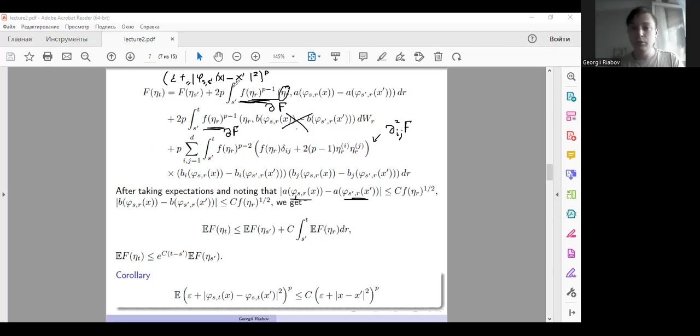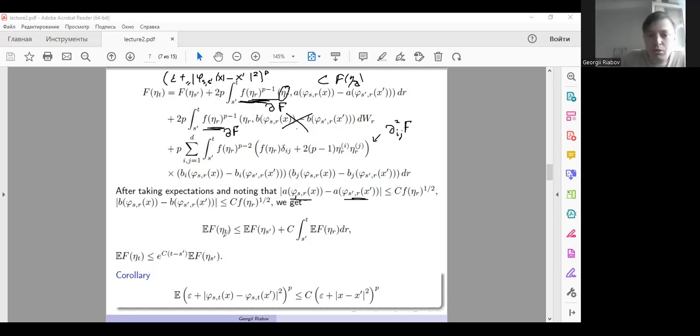So in the first integral, we will get again the bound a constant times f of eta r, and the same bound we will have in the last integral. Okay, and also note that this constant is independent of epsilon.